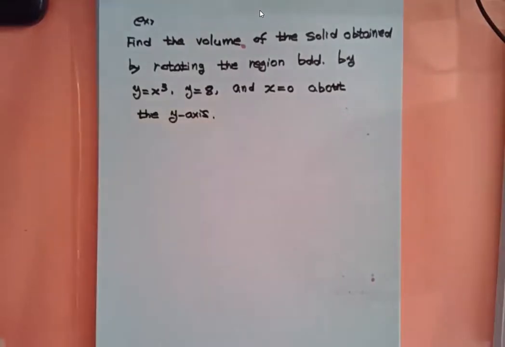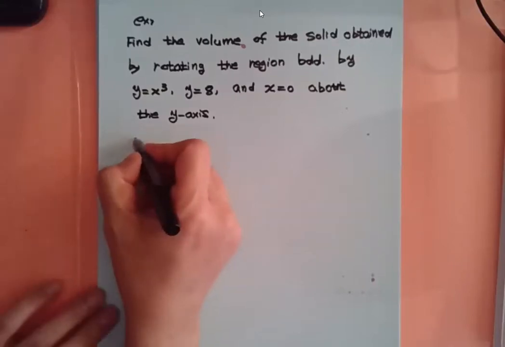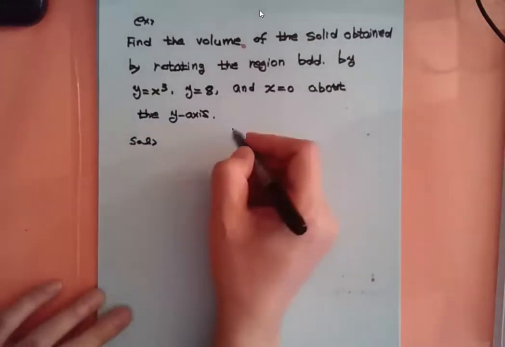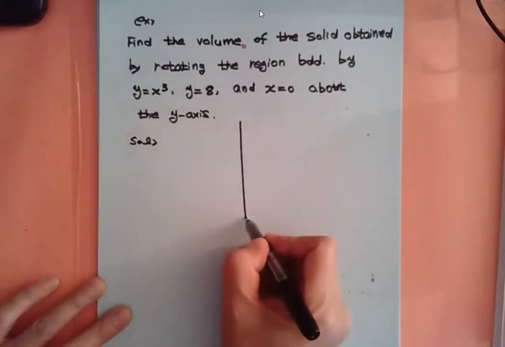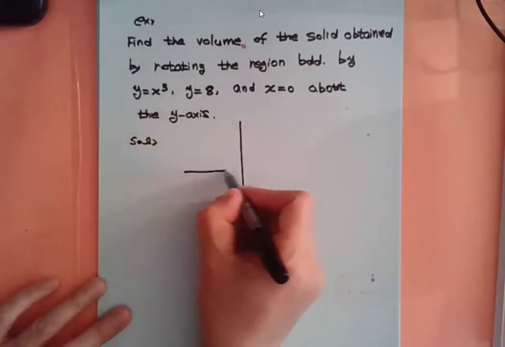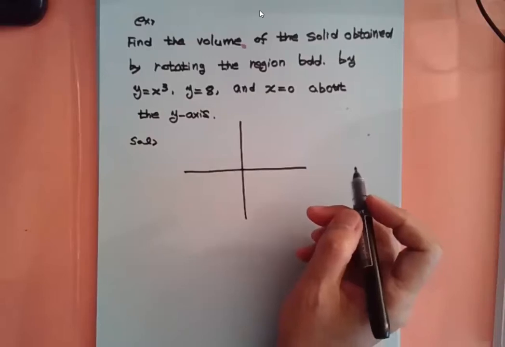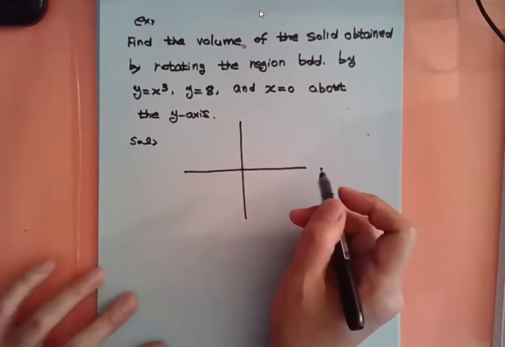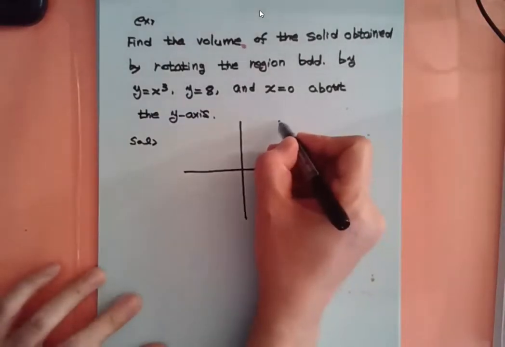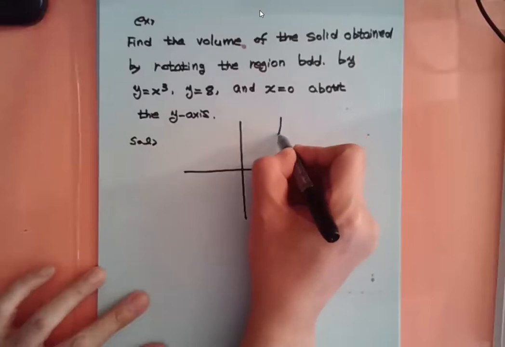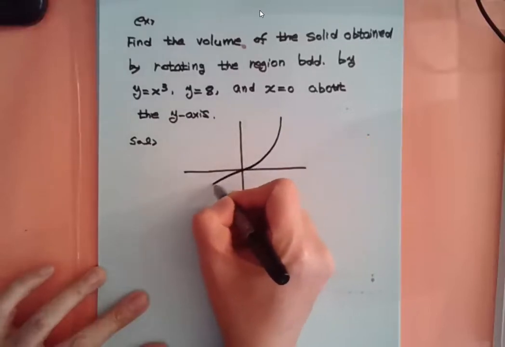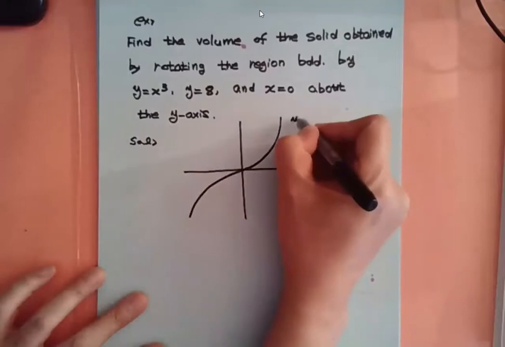In the previous problem, we rotated the object around the x-axis, but this time we rotate the object around the y-axis. So y equals x cubed. The graph looks like this.